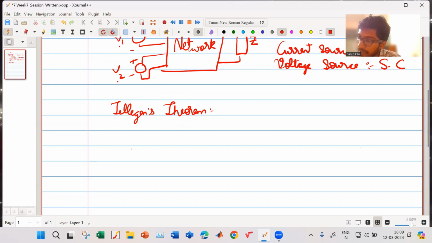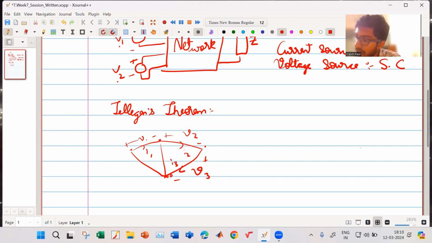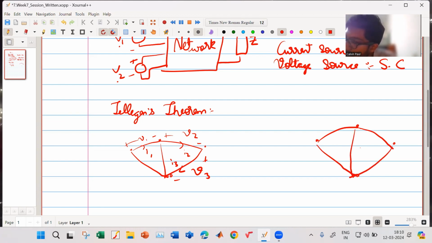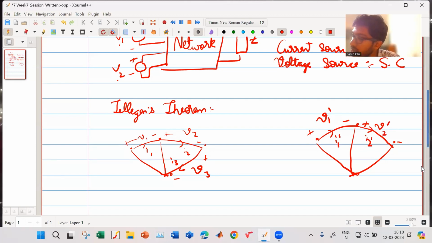Suppose there is one network represented by some graph. This is your V1, I1, V2, I2, V3, I3, and so on. And you have another network of the same topology, with V1 prime, I1 prime, V2 prime, I2 prime, etc. We can do this for all the elements.